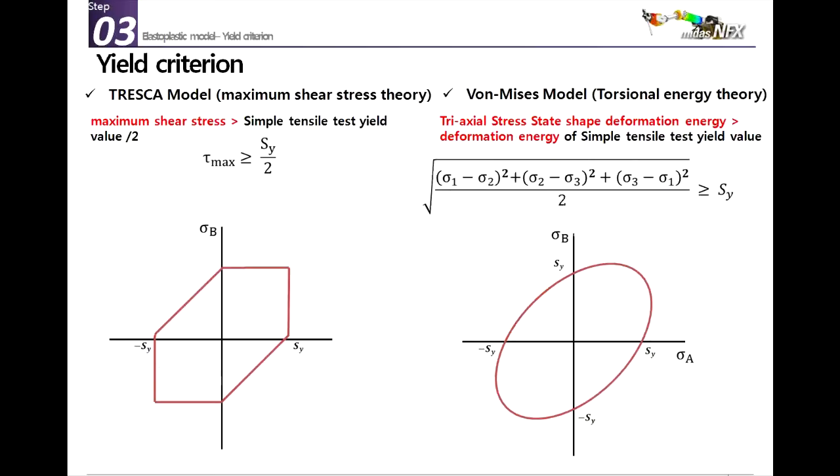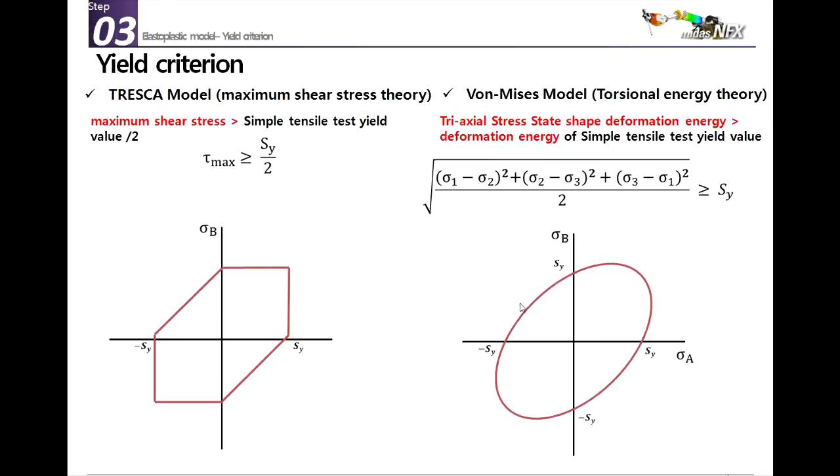Now the yield criterion. Maybe you have heard about the Tresca model and the von Mises model. Tresca is explained like that: the maximum shear stress should be superior to the simple tensile test yield value divided by 2. This is the definition of Tresca. If you represent it in a diagram, it will look like that.